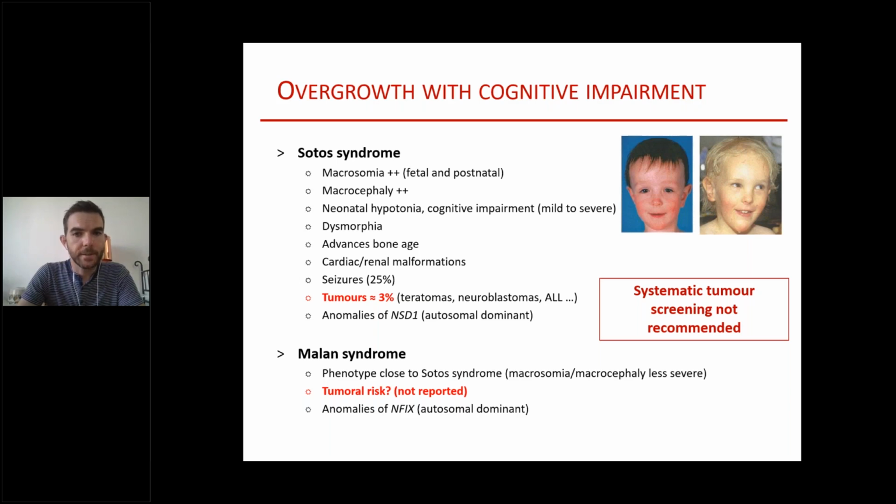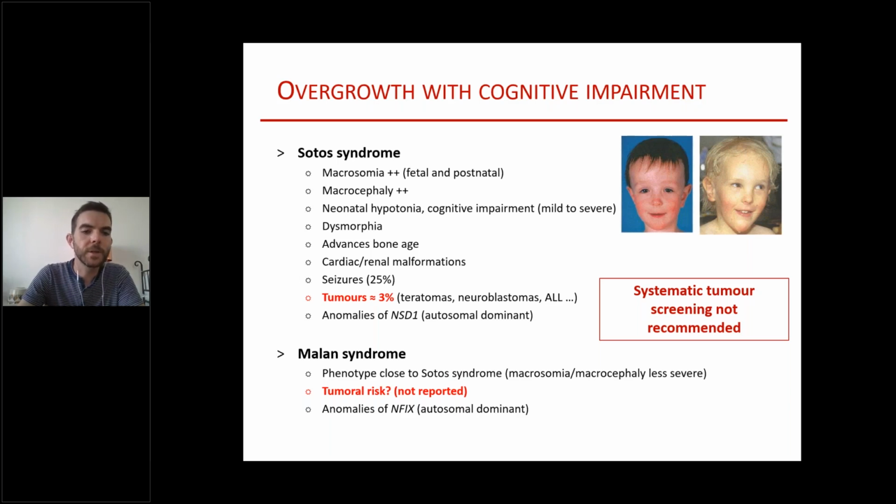The tumor risk is probably quite low in these conditions with various types of tumor, leading to the recommendation of no systematic tumor screening for those patients because of the high variability in type of tumors. Sotos syndrome is classically associated with anomalies of the NSD1 gene, and the mutations are usually at the heterozygous state.